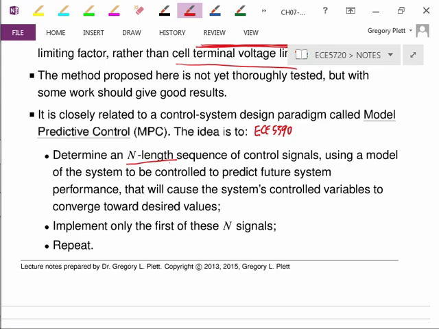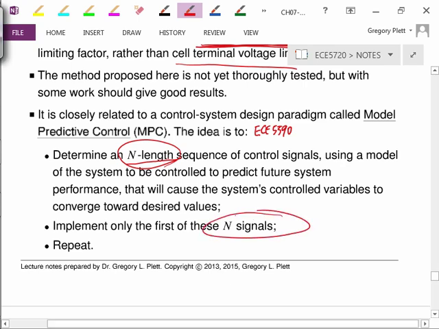Using a model of the system, we predict the performance of that system for that n-length sequence of control signals. And then we find these control signals in such a way that the controlled variables converge towards some desired values. Then, instead of implementing all of those n things and then repeating, we implement only the first of those n things and then repeat.